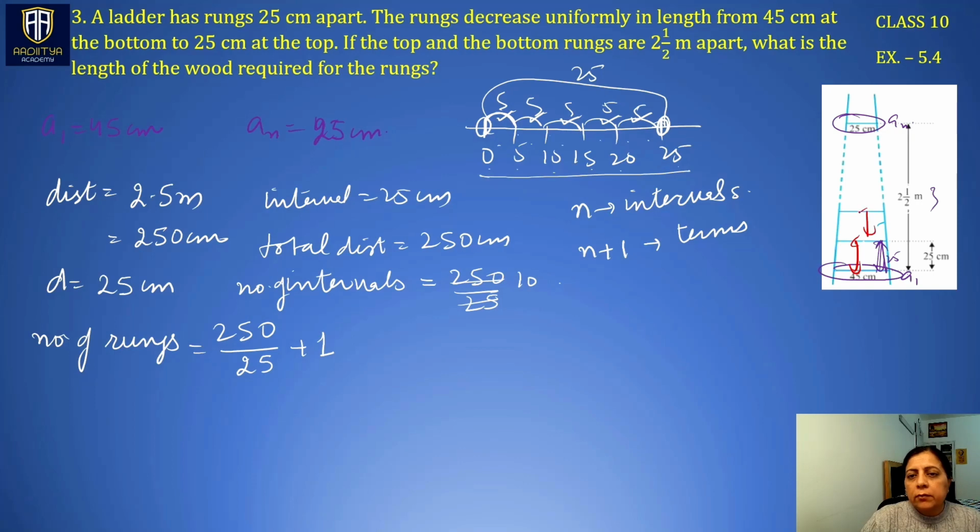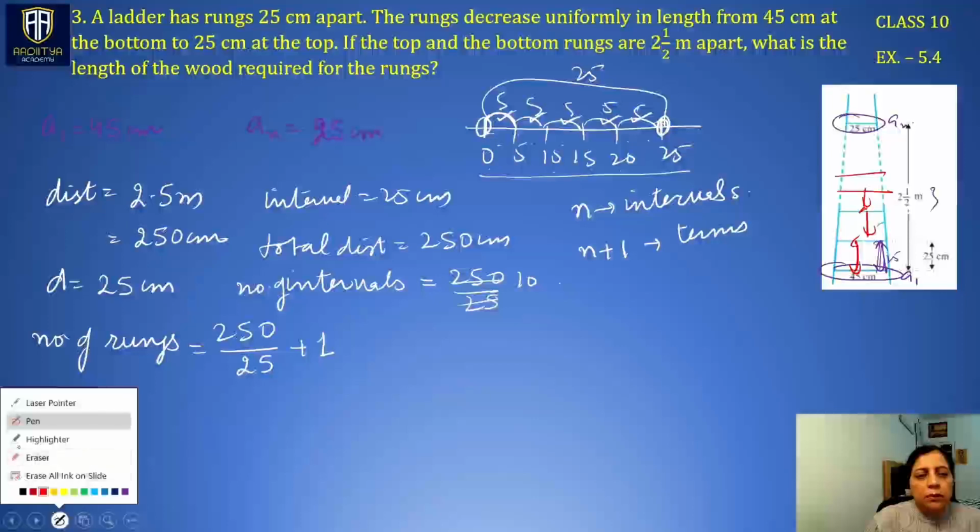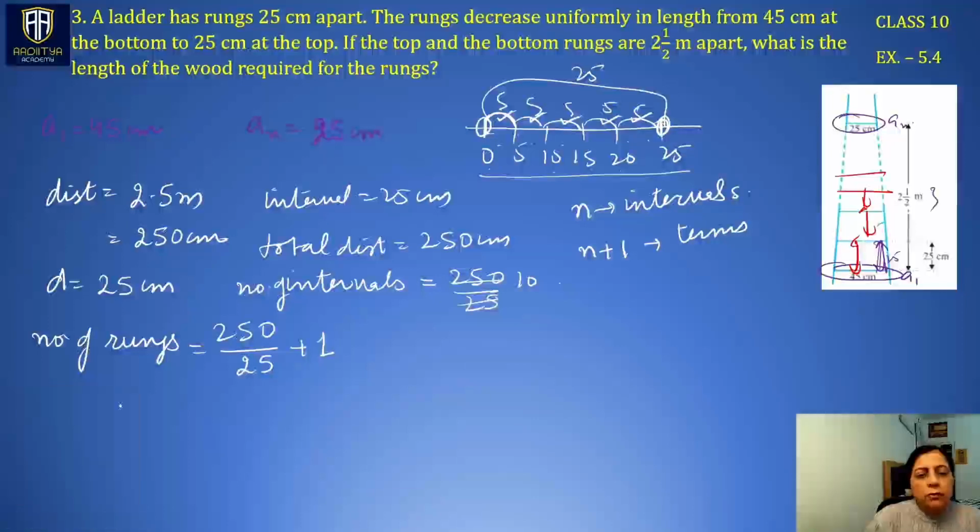And if the number of intervals is 10, the number of terms in this sequence will be 11. It is 1 more than the number of intervals. So we have 10 plus 1, that is 11 rungs.